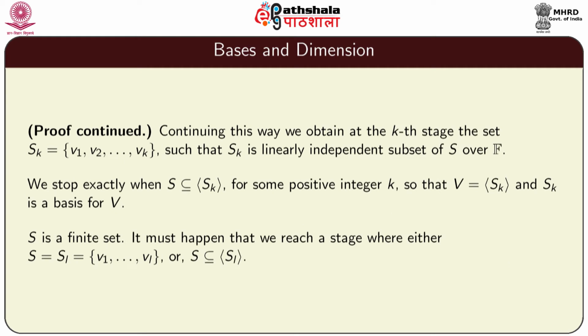So, we continue this process, and at the kth stage of this process, of this iteration, we get a set of vectors, call it Sk, consisting of V1, V2 and so on up to Vk, such that Sk is linearly independent subset of S over the base field F. And at each stage we have to see whether S, that is the spanning set of V, is contained in the span of Sk.